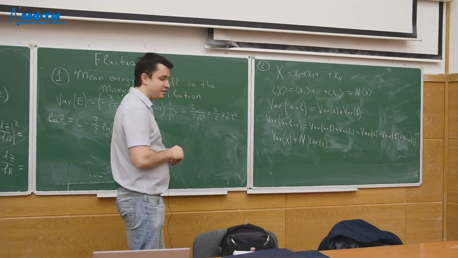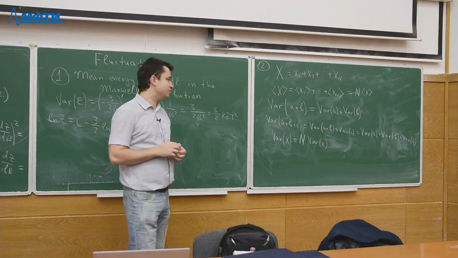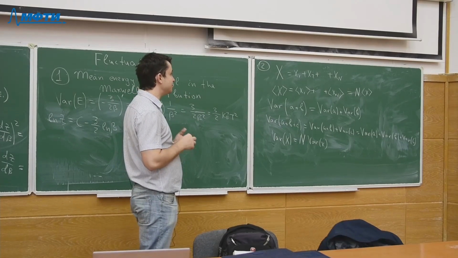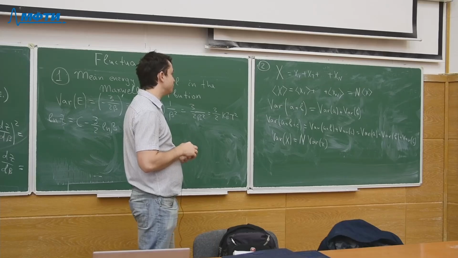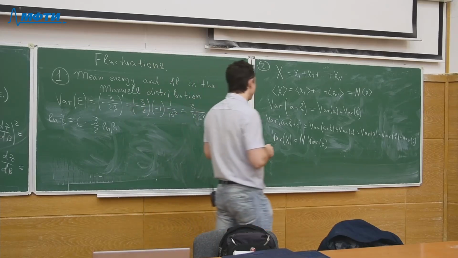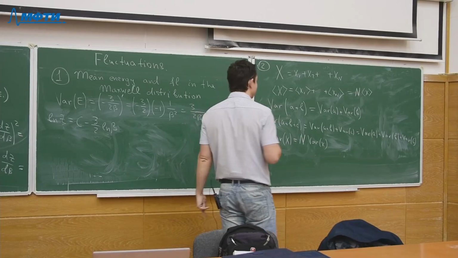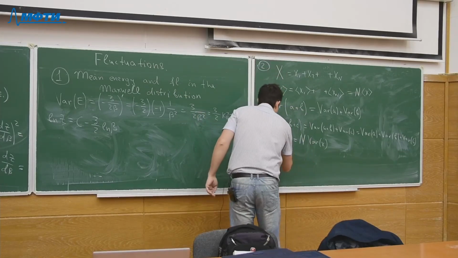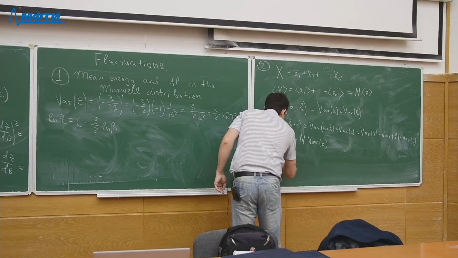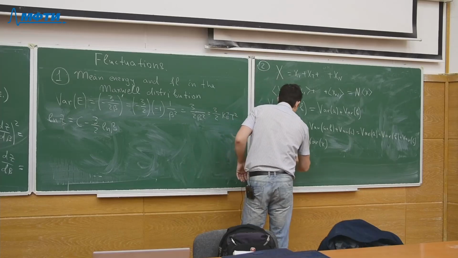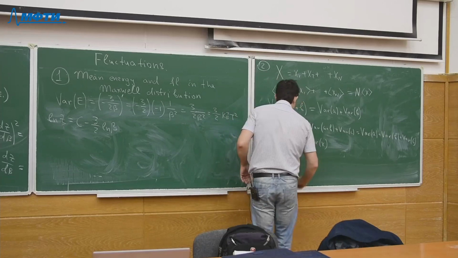And variance, by definition, is the mean squared deviation from the mean value. And if I want to calculate the so-called standard deviation, which we take as the absolute fluctuation of the value, the standard deviation is the square root of the variance.